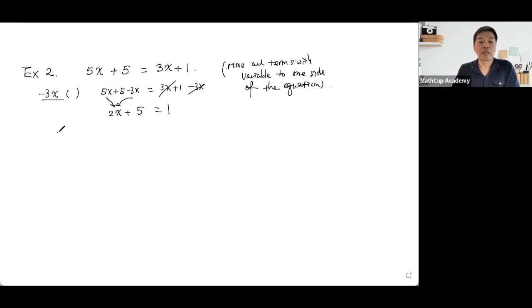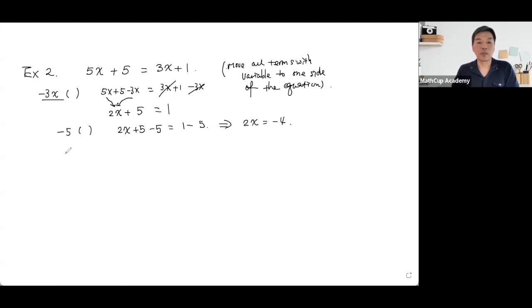And then we're minus 5 to both sides. We get 2x plus 5 minus 5 equals 1 minus 5. So we get here 2x equals minus 4.